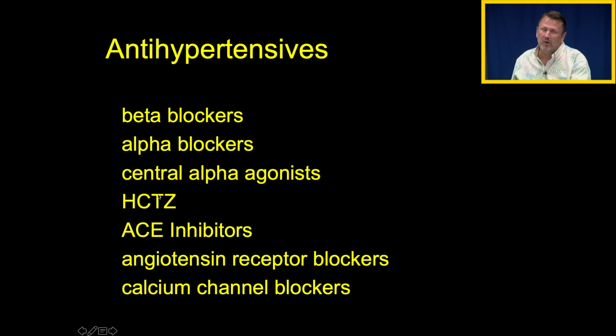One of the most important things in antihypertensives is the use of hydrochlorothiazide. ACE inhibitors as well. ACE inhibitors will be listed as antihypertensives, but ACE inhibitors have all sorts of uses that have nothing to do with high blood pressure, and so that's why I want you to be really careful when you start looking at these reference books, and they'll say, oh, ACE inhibitors are an antihypertensive. And that's fine, but sometimes we prescribe ACE inhibitors for other reasons, like to protect the kidneys from the ravages of diabetes mellitus, a disorder of glucose regulation.